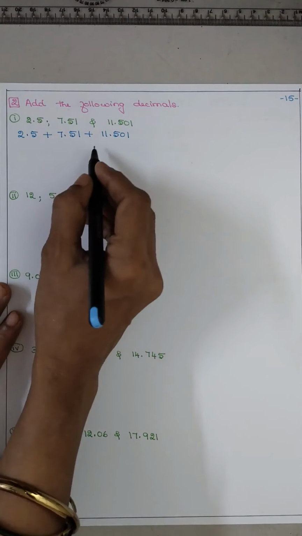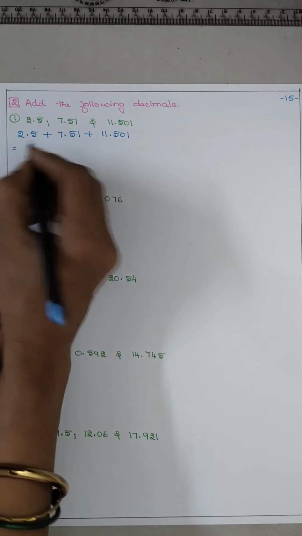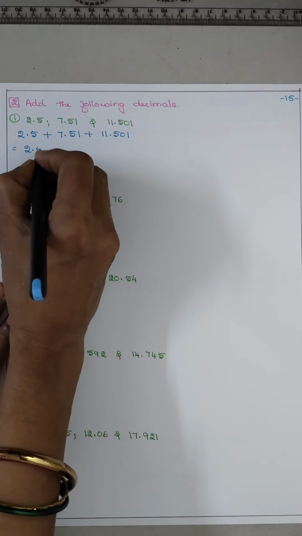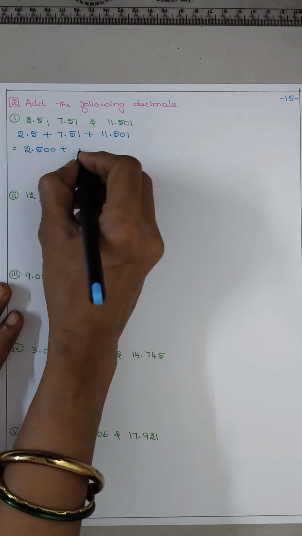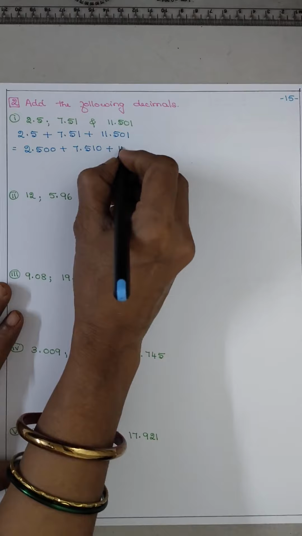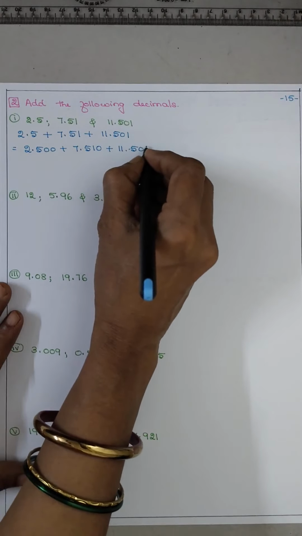The biggest decimal place is 3 decimal places, so convert into like decimals: 2.500 plus 7.510 plus 11.501.